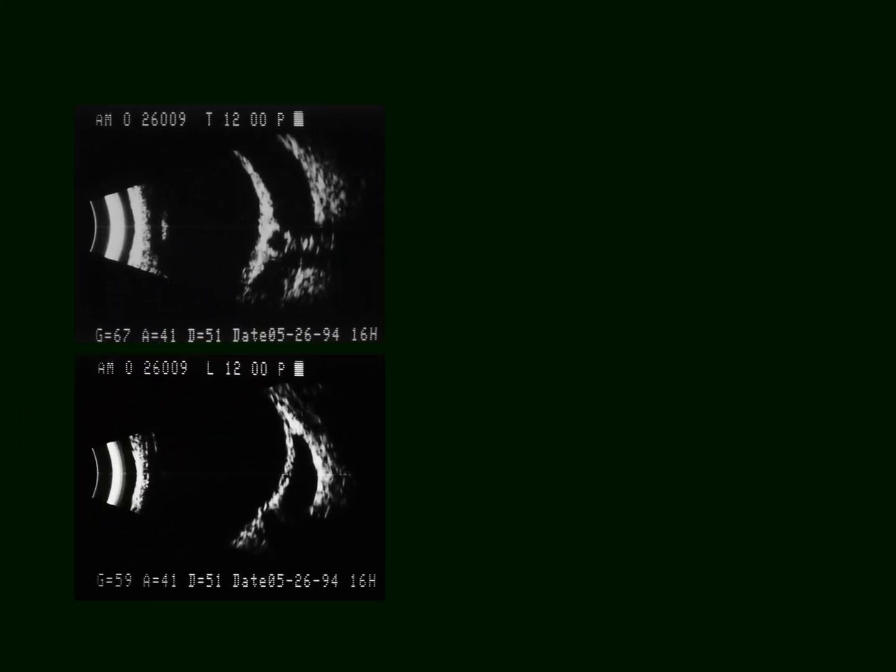A retrobulbar tumor that surrounds the optic nerve. Here a transverse scan at 12 o'clock. Here the longitudinal scan, it shows the tumor goes far anterior episclerally. There is the optic nerve.